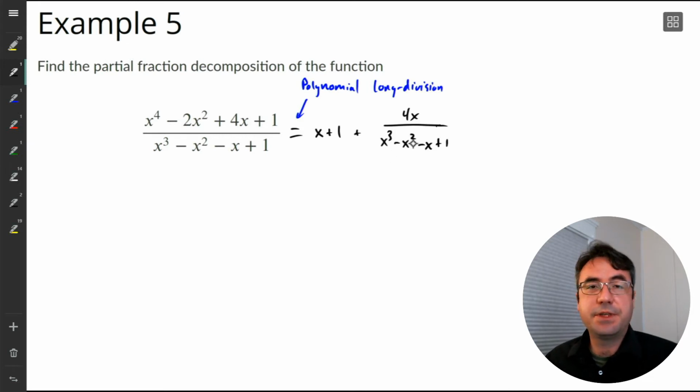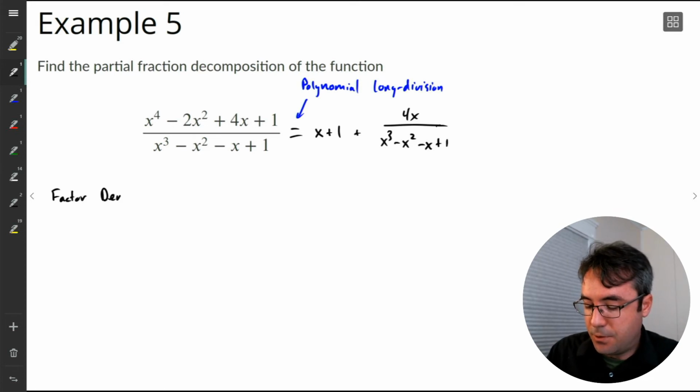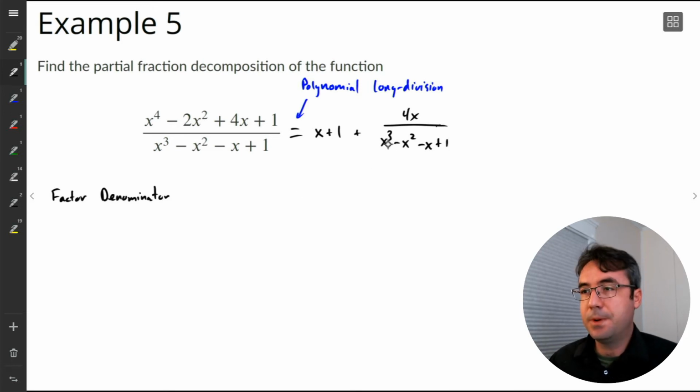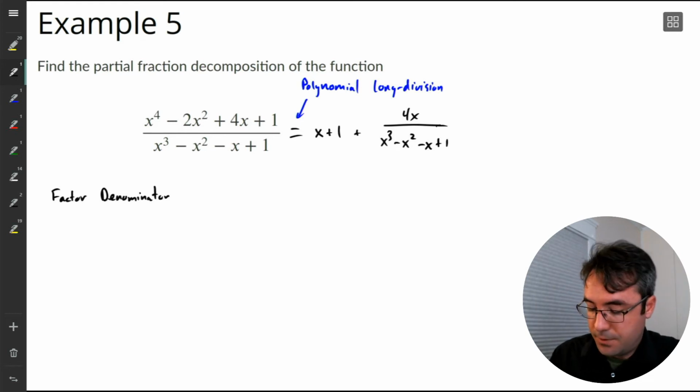Now we want to factor this denominator, and this is maybe the tricky part. How do we factor that denominator? It's a cubic. Nothing immediately jumps out at me that factors here. One way, if you're stuck on how to factor, is to look for an easy solution.